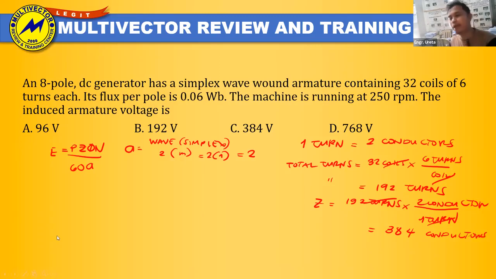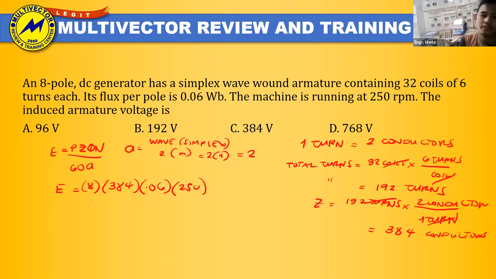Okay, so dito, para sa formula natin in getting E, number of poles P, which is 8, conductors Z 384, flux in Weber 0.06, speed natin is 250, all over 60 times parallel paths, which is 2.